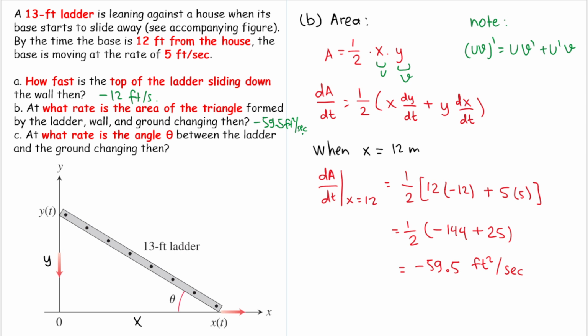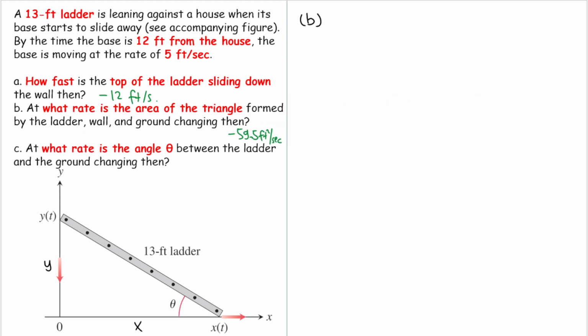Okay, let's clean this up and answer question C. Question C is asking us at what rate the angle theta between the ladder and the ground is changing. So we need to use trigonometry here. What can we do from here?